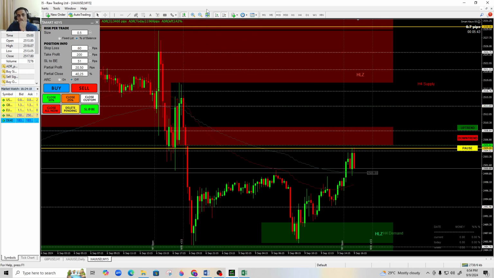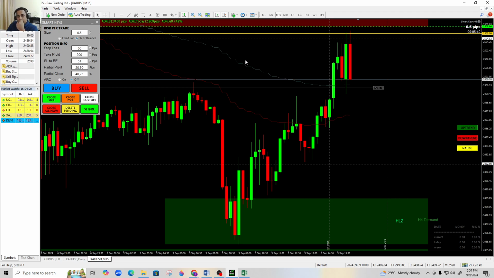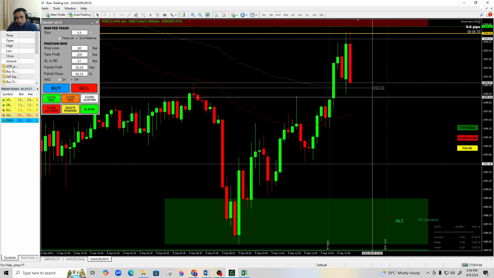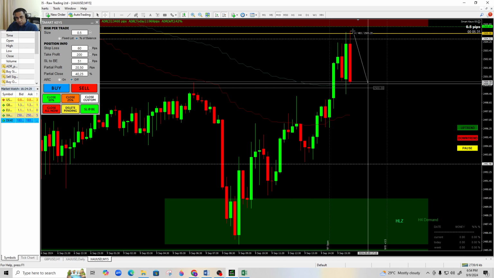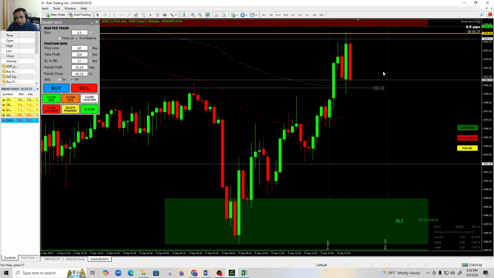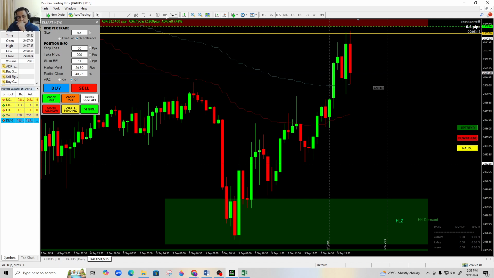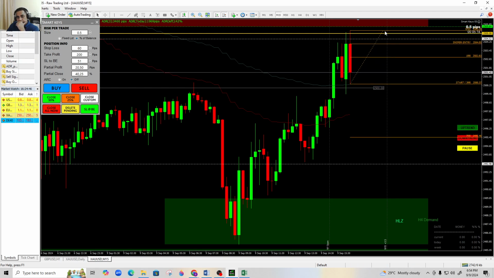So we could take a trade if this candle continues to close. The candle needs to close.